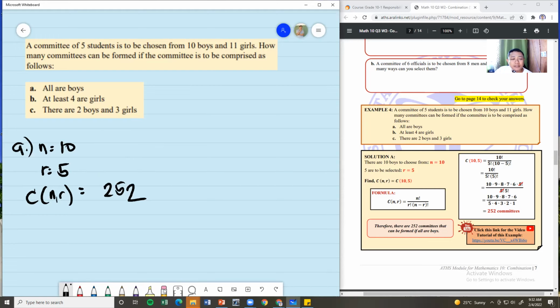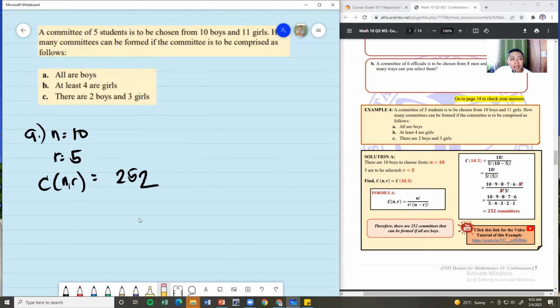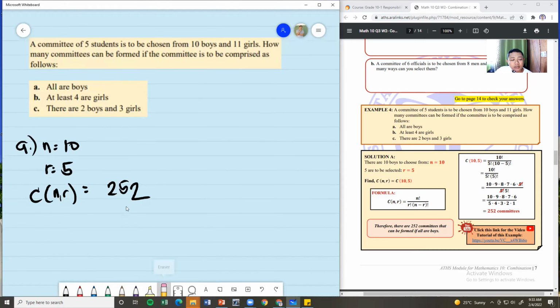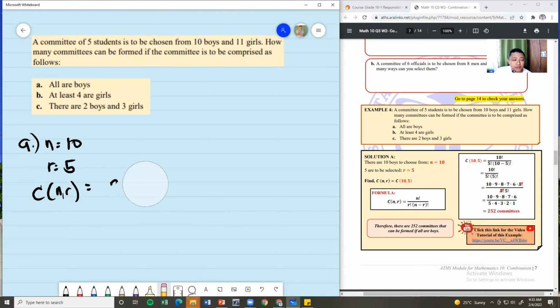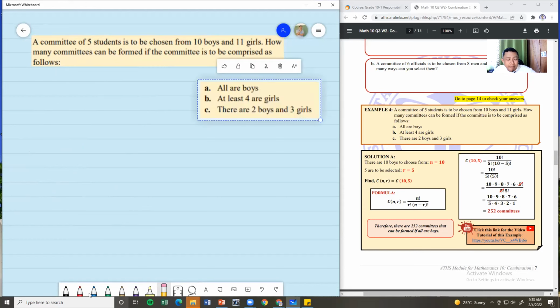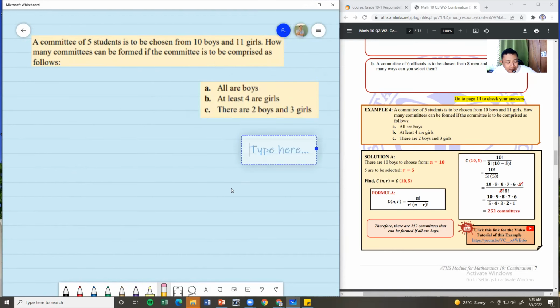Your classmates have a request: is it okay if we change the restrictions so that they are different from those in the video tutorial? Sure, I will change this so that you have multiple types of answers or solutions. Let's try this. A, all are girls.